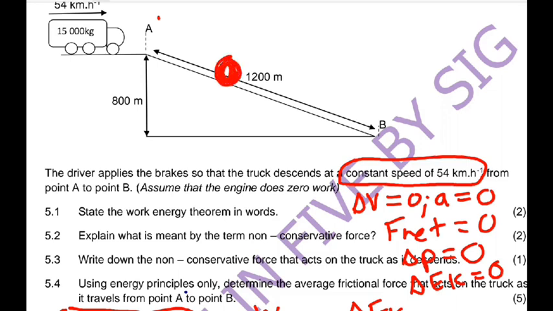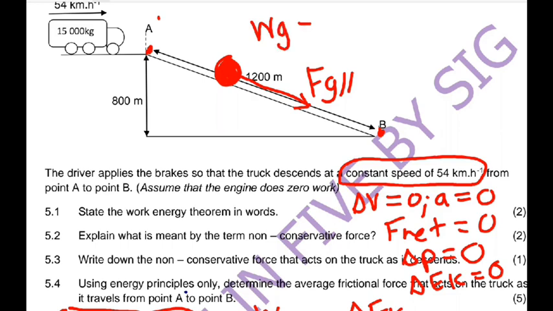So let's say this is the object represented by this big dot. As it moves down the incline, there is Fg parallel, the component of gravity pulling the object down. And since the object moves from A to B, we say it moves a distance of 1,200.